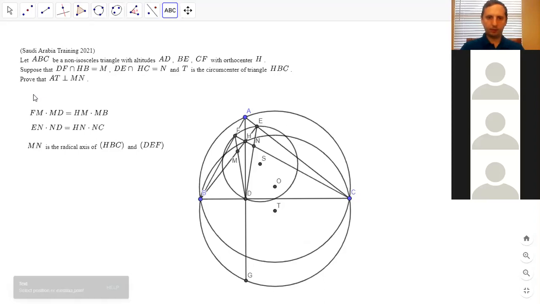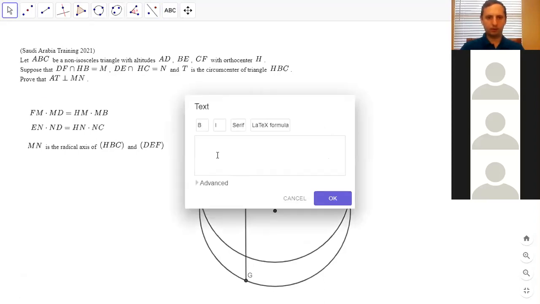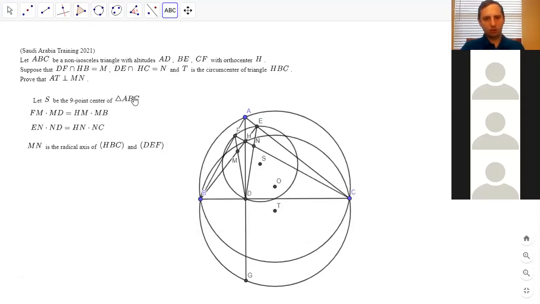So that means that MN is perpendicular to ST. So basically, ST is perpendicular to MN.